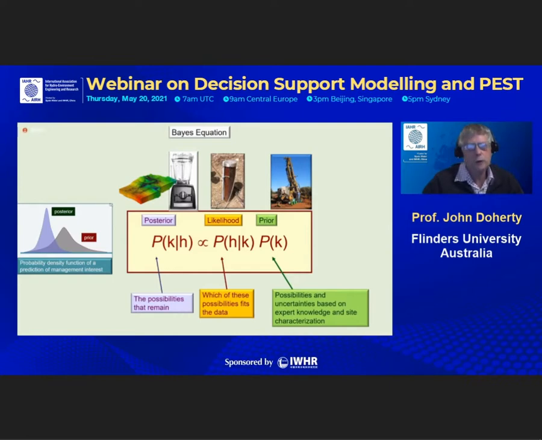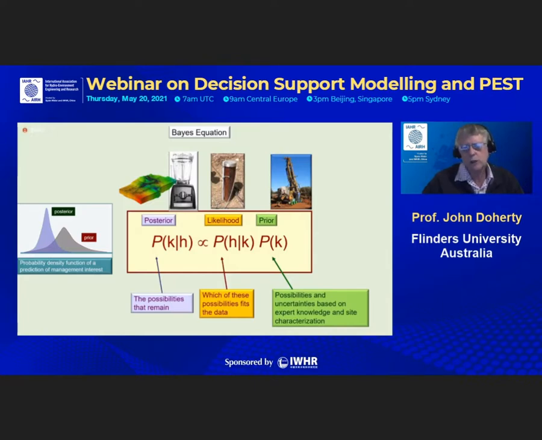And then through modelling, we achieve the so-called posterior probability distribution of parameters and then decision-critical predictions. So this is what modelling is doing for us. Well, this is what it should be doing for us. If it's not doing this for us, it's not serving the decision-making process.